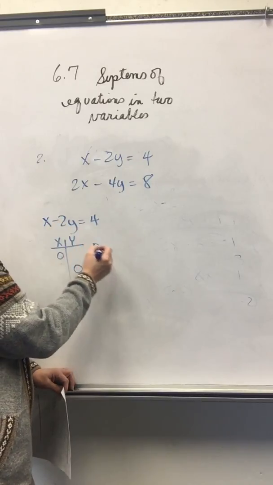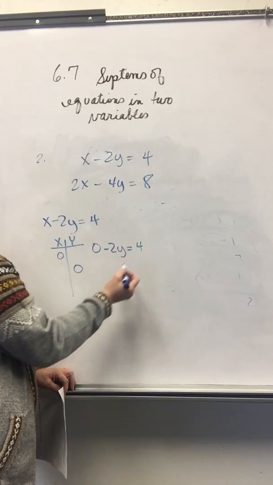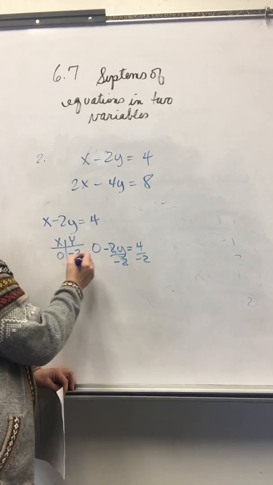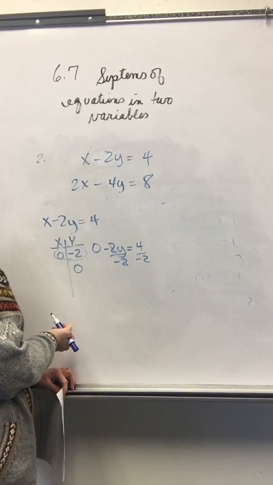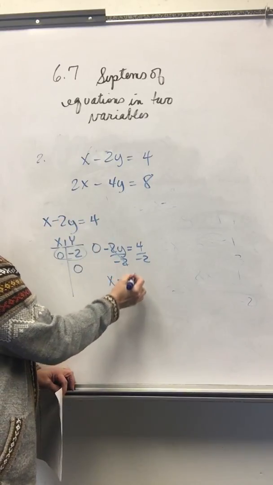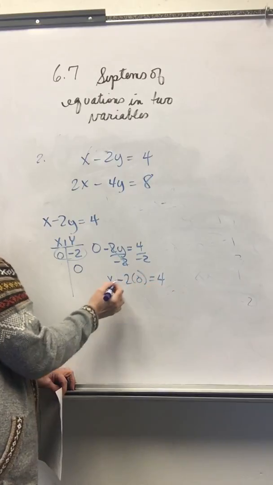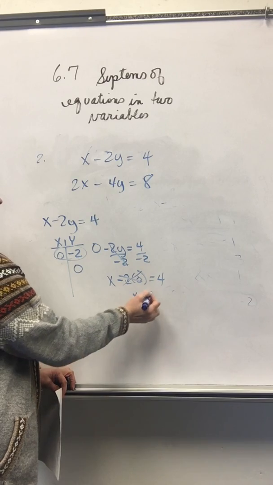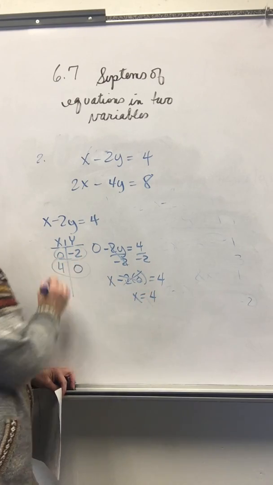When I plug in 0 for x, then I can solve for y and get negative 2. So there's one of my points to plot. Now I'll plug in 0 on the y side to find the x-intercept. Negative 2 times y is 0, just zeroes that out and leaves x equals 4. So again, another point.